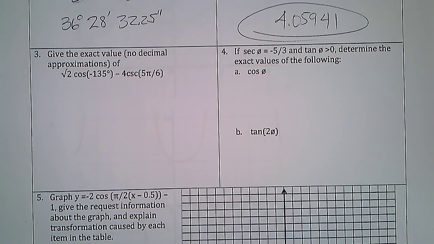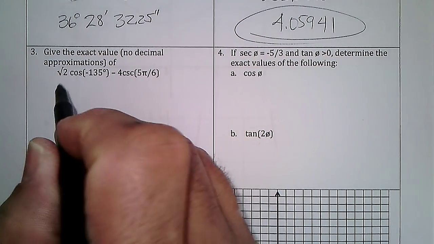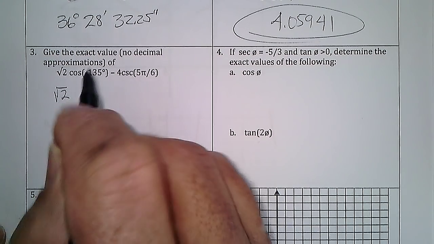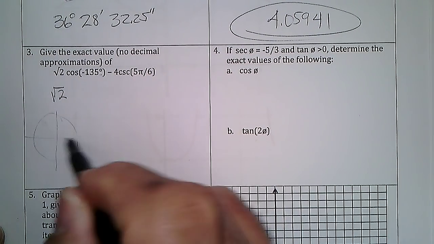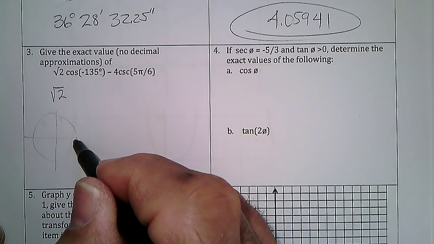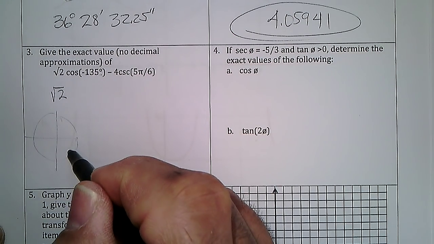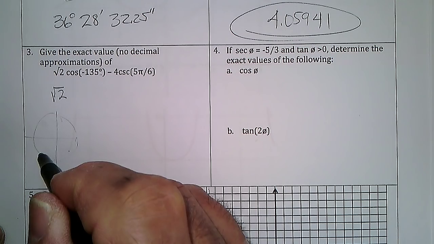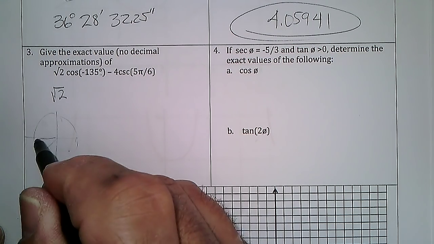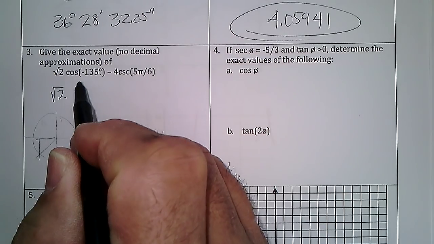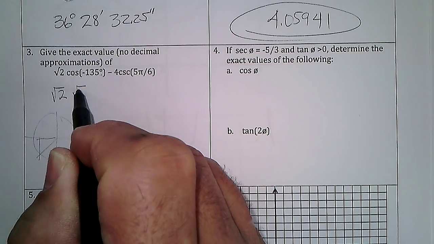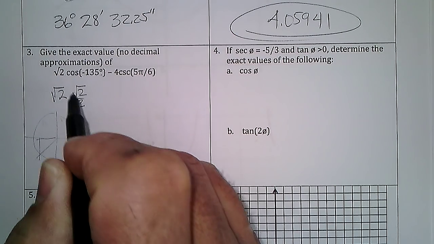Find the exact value of this. So we have the square root of 2, the cosine of negative 135. That's 45 or somewhere here, negative 45, 90, 135, right there. And the sine and cosine are both negative square root of 2 over 2.